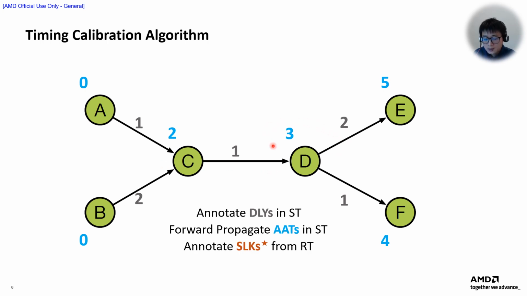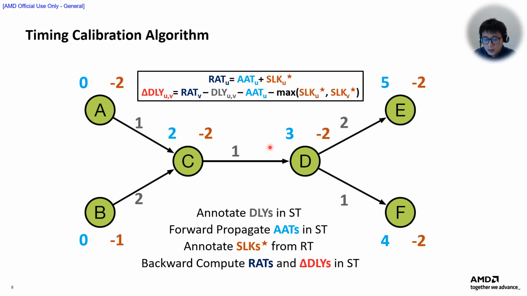After that, we annotate the slacks from the reference timer. Then we start a backward propagation procedure to compute RATs and the delta delays using these two equations to match the slacks in the simple timer and the slacks coming from the reference timer. Due to the time limit, please refer to my paper to see where these two equations come from and why they work.